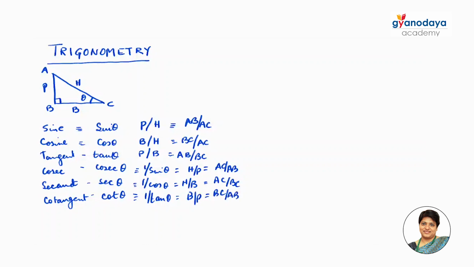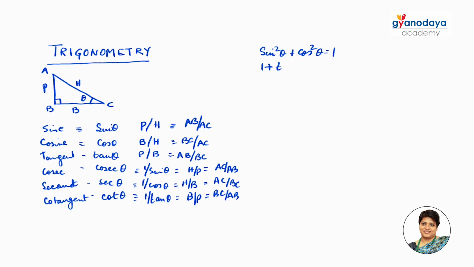AB. Using Pythagoras theorem, we also get a very important formula, which is sine squared theta plus cos squared theta is equal to 1. Dividing by either sine squared theta or cos squared theta, we derive these two formulae also: 1 plus tan squared theta equals secant squared theta, and 1 plus cot squared theta is equal to cosecant squared theta.